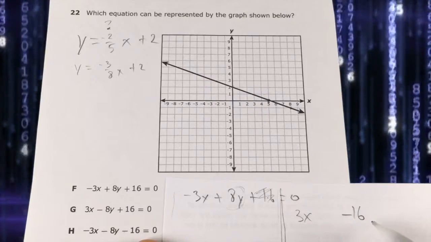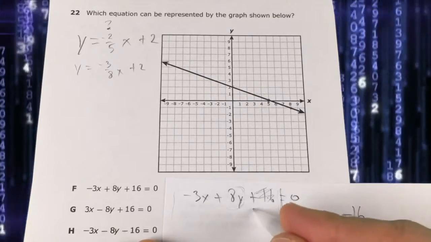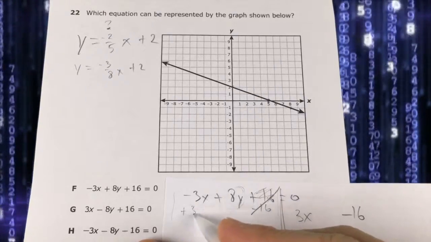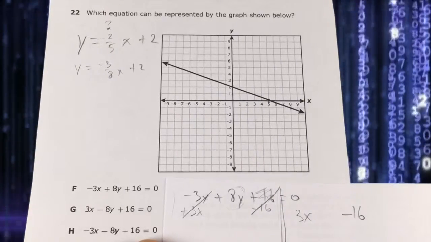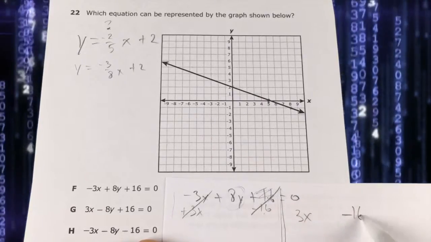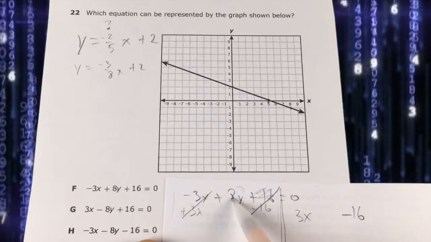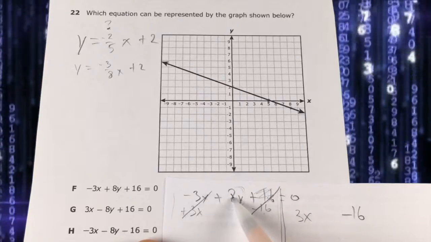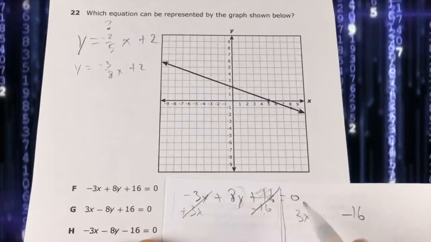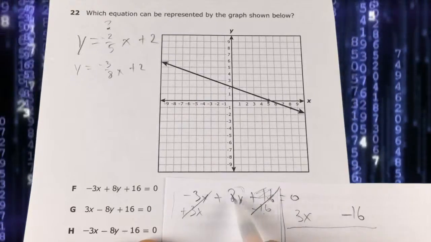Alright, and here's how you do it in math. They would say minus 16 and that cancels, and over here they'd say plus 3x and that cancels, and so on. Basically all we did is we switched the signs of those, and now they're over here. Now we divide by the one that I call the best friend, the one that's with you, the y. So you divide and don't change the sign of the 8.